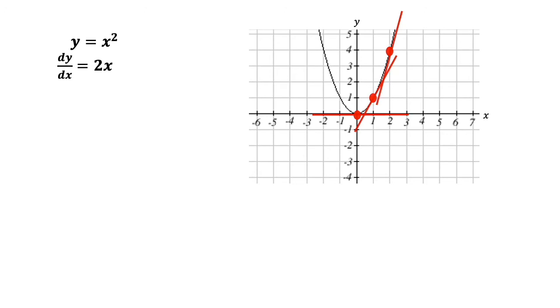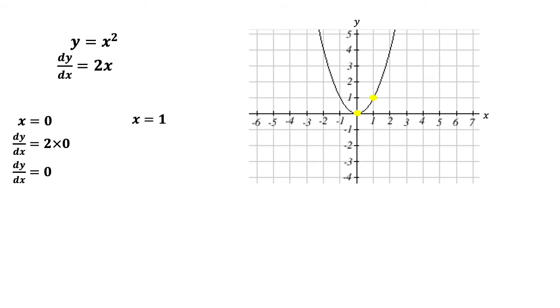So for example, when x is equal to 0, if I want to know what the gradient of the curve is when x is equal to 0, I just need to substitute that value into the differentiation. So instead of dy by dx equals 2x, I can now write down 2 times 0, which gives me 0. So the gradient of the curve is 0 when x is equal to 0, which means the gradient of the tangent to the curve is 0 when x is equal to 0.